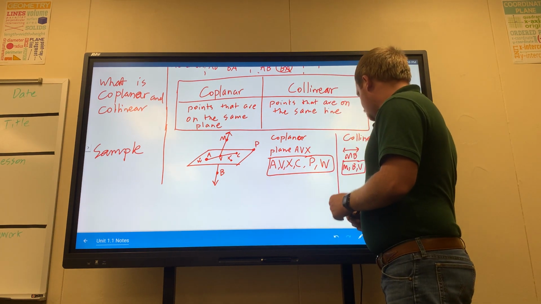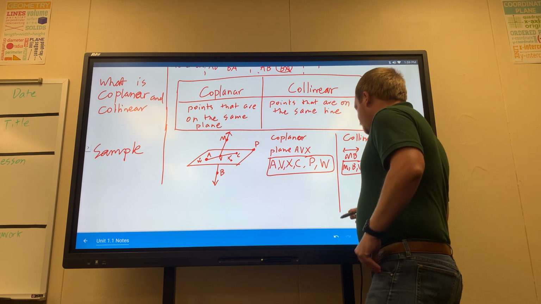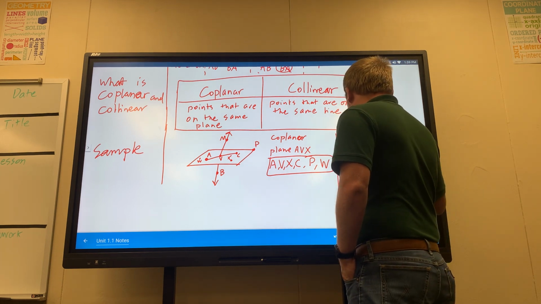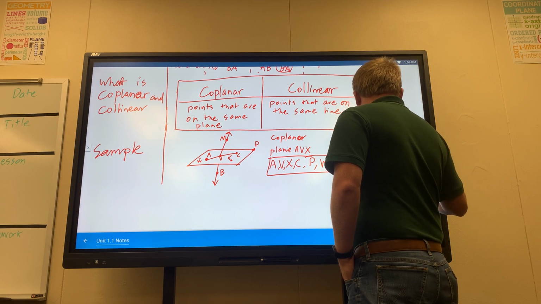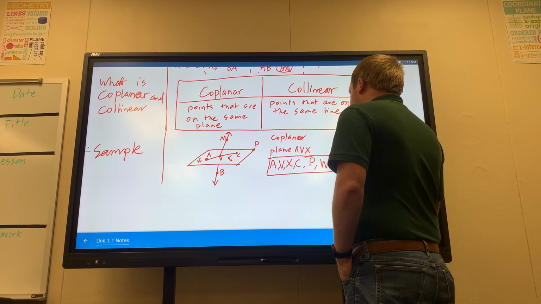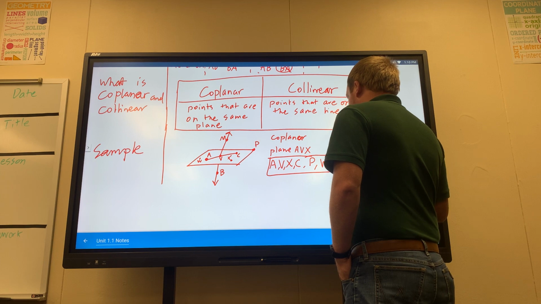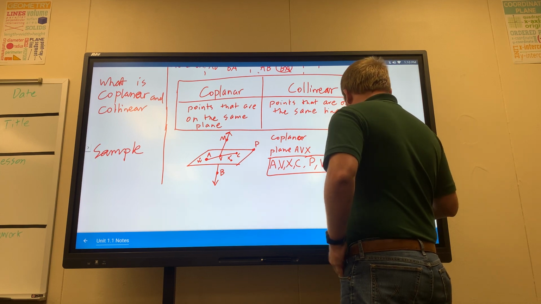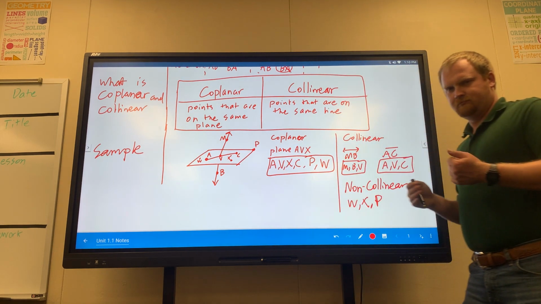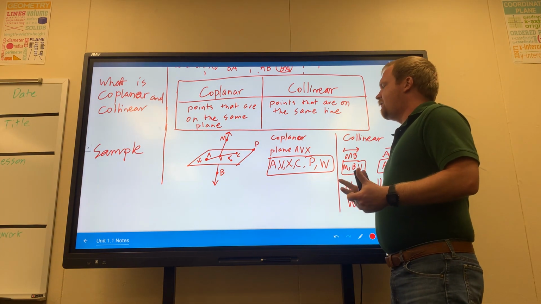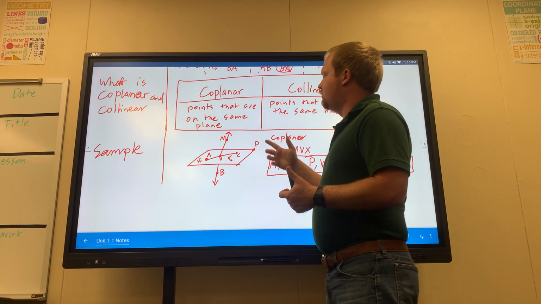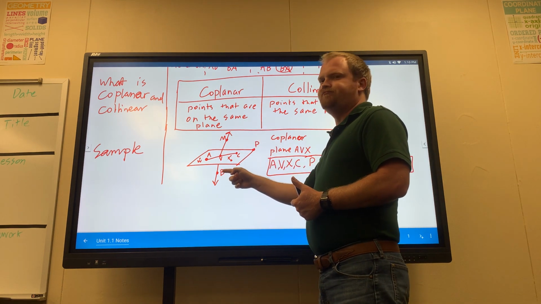Now, non-collinear points will be samples like W and P, for both cases at least. But if you're asked a question, well, what's non-collinear to line MB?